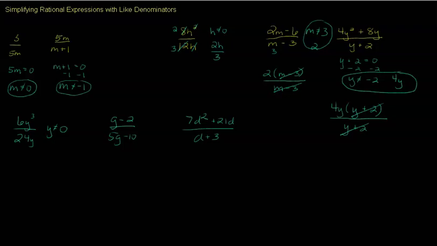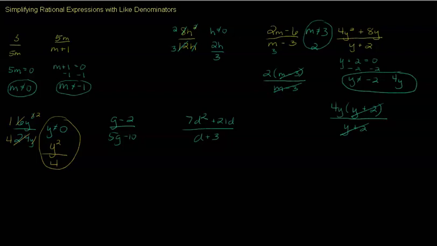So 6 can go into 24, so this becomes 1, this becomes 4, and then you have more y's on top, so this becomes squared, and this cancels out one of these. So your answer is going to be y squared over 4. We don't need to put the 1 here. So that would be your answer.